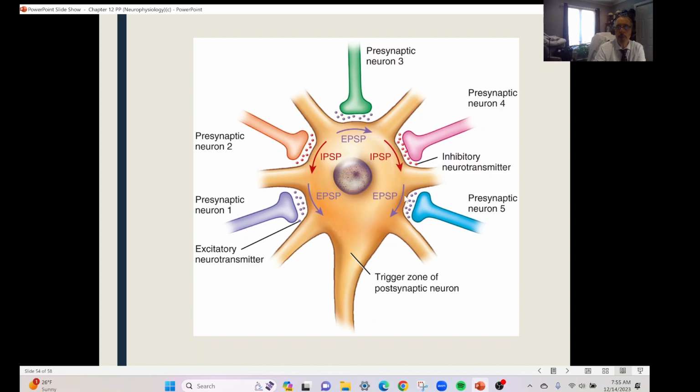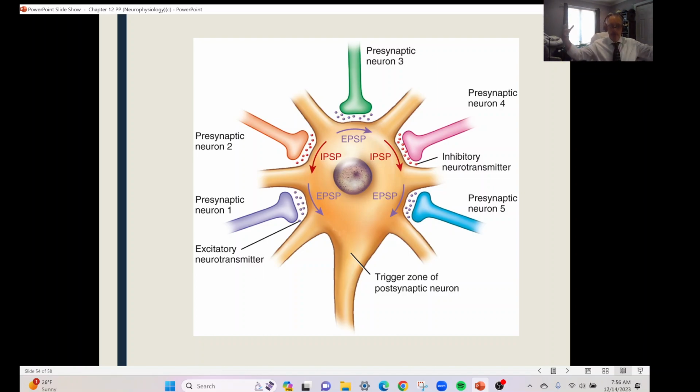EPSP, IPSP, EPSP. So what this neuron now has to do is spatially summate, and we add up pretty much all the EPSPs compared to the IPSPs. And if we have more EPSPs, this neuron will fire. If we have more IPSPs, this neuron will be inhibited. Okay, and that's what spatial summation is, right?